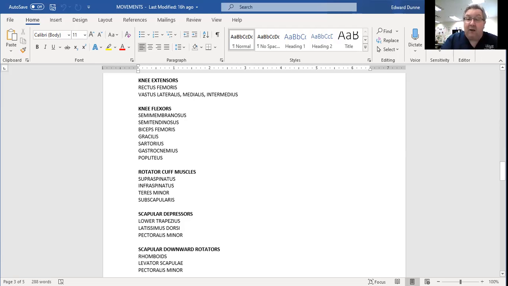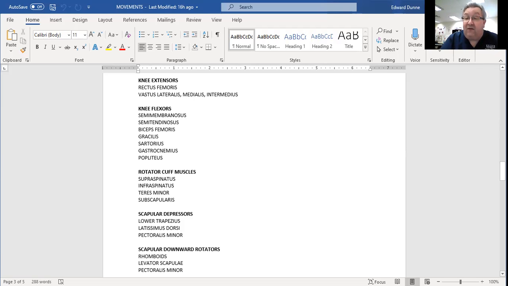Now, real quick, remember, rectus femoris is the only one of those muscles that has an action at the hip, because rectus femoris has an origin at the AIIS. The three vastus muscles have origins on the femur itself. They do not cross the hip. They only cross the knee to perform knee extension.